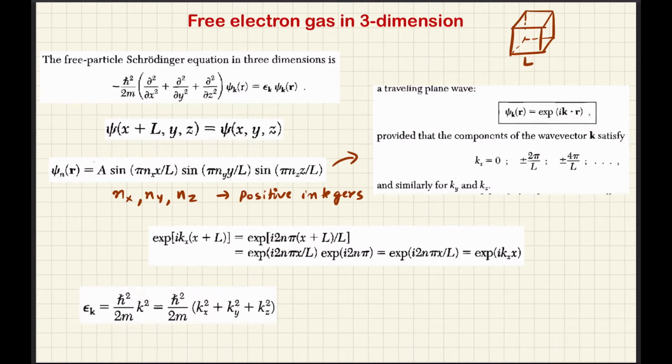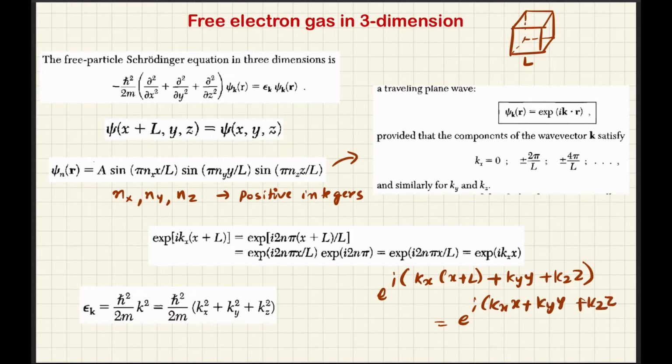It should obey this boundary condition, and then you can write it as e raised to i (kx (x plus L) plus ky y plus kz z) equal to e raised to i (kx x plus ky y plus kz z).